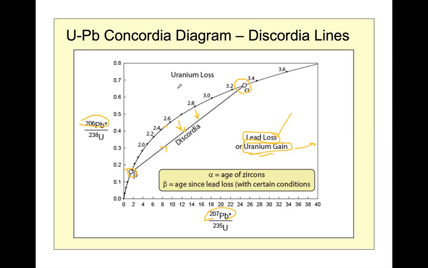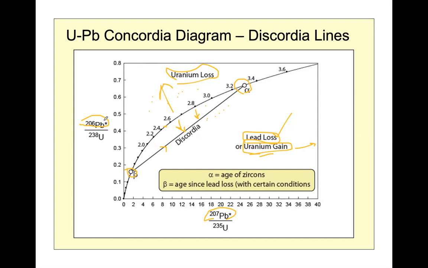At the same time, if some uranium loss happened in the system, you will get your samples plotted above the Concordia, right? Normally discordance happens below the Concordia, right? Like here. But there can be some situations where some of your points might be plotting somewhere here. So that means uranium loss, right? Not lead loss, uranium loss.